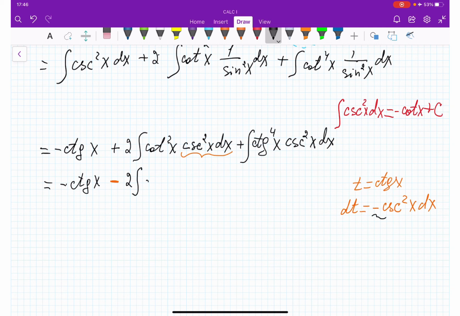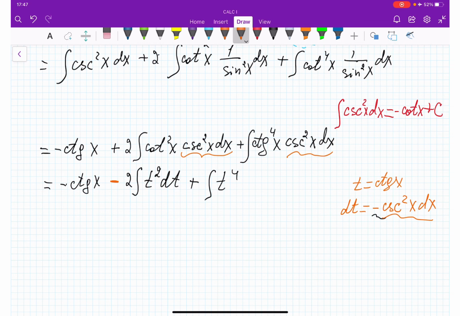Since we have cotangent squared, we're going to get t squared dt. Same thing with the second integral, which is going to be t to the power 4, because cotangent x is t, so cotangent to the power 4 is t to the power 4, and also negative cosecant squared dx.